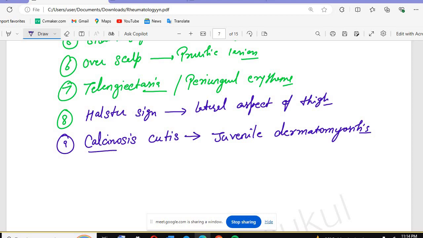Remember that this is also seen in CREST syndrome, or what we call limited systemic sclerosis. We will discuss that later on.